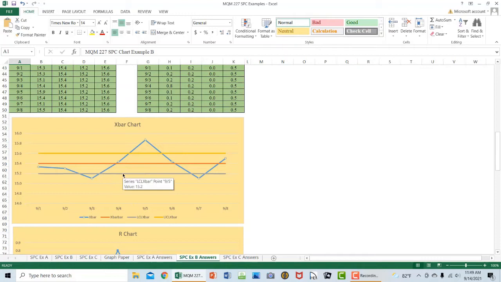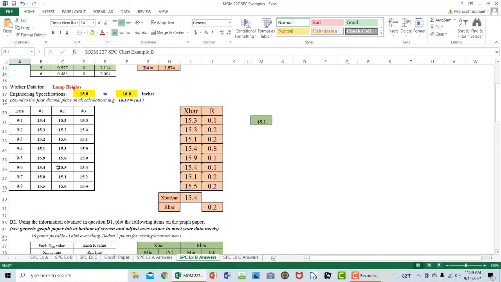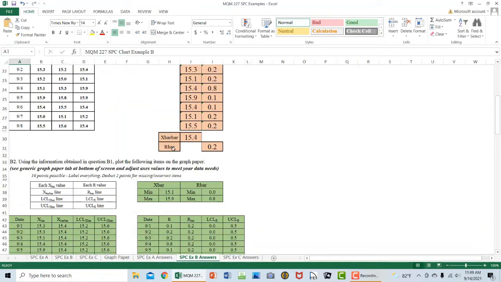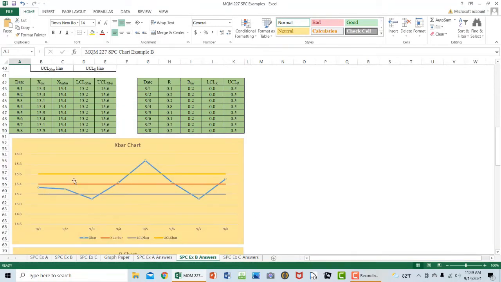The lower control limit for X bar is right there. And of course this is our averages over time. So average for the first day, average for the second day, and really when I say that I'm talking about these numbers right here, 15.3, 15.3, 15.1, and you'll see how it kind of, now I don't know why it's different here.